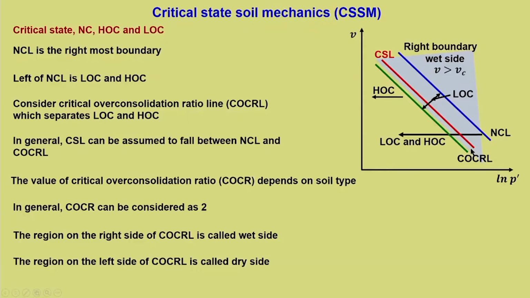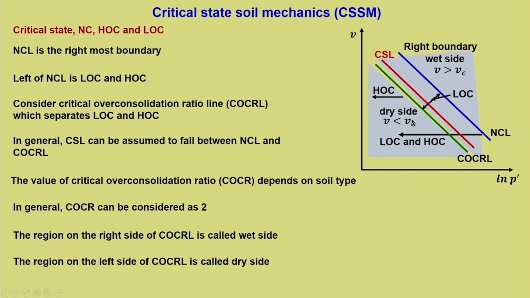So, wet side, dry side, here we are specifically discussing with respect to critical over consolidation ratio line, but keep in mind one can also refer to it in terms of critical state line as well. Now here it is marked as wet side where specific volume, that is V, is greater than V critical. V critical is the critical void ratio with reference to COCRL, and if it is less than that, then it is dry side.